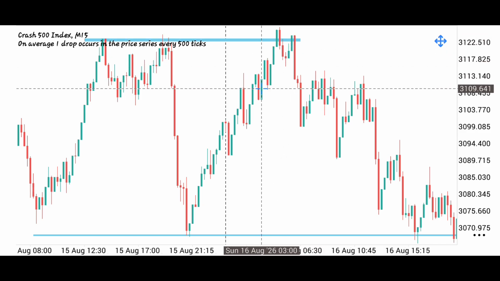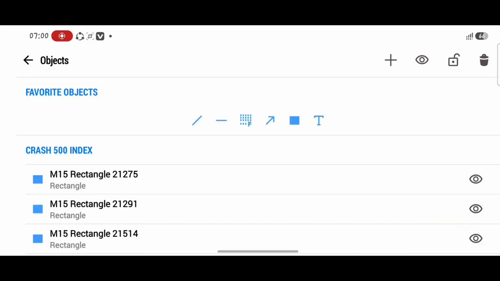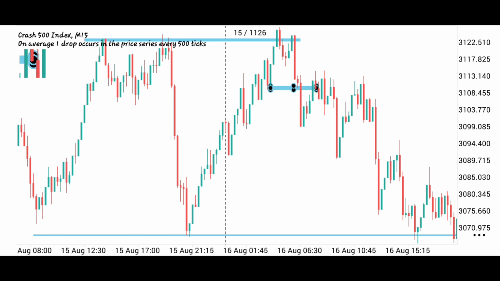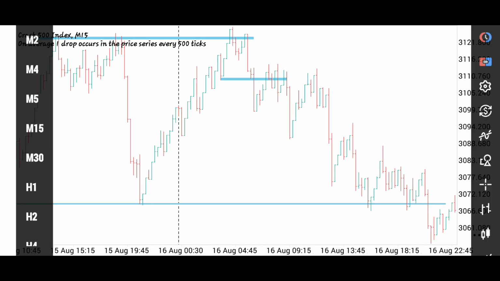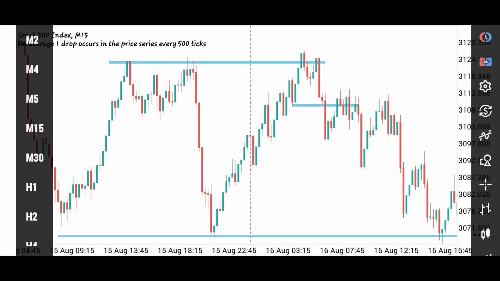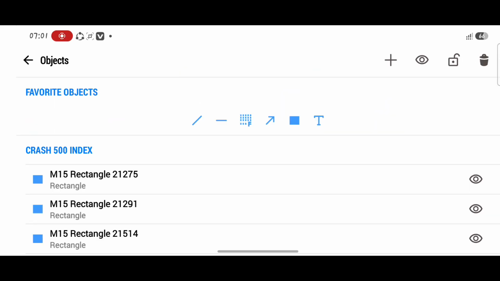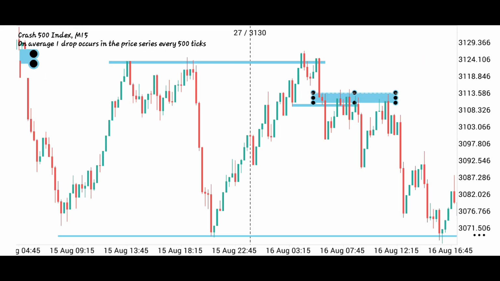So for us to have a market structure shift, the candle that pushed up this should, that way we will try to get our market structure shift. So we have this full displacement over here, then we have our fair value gap here.